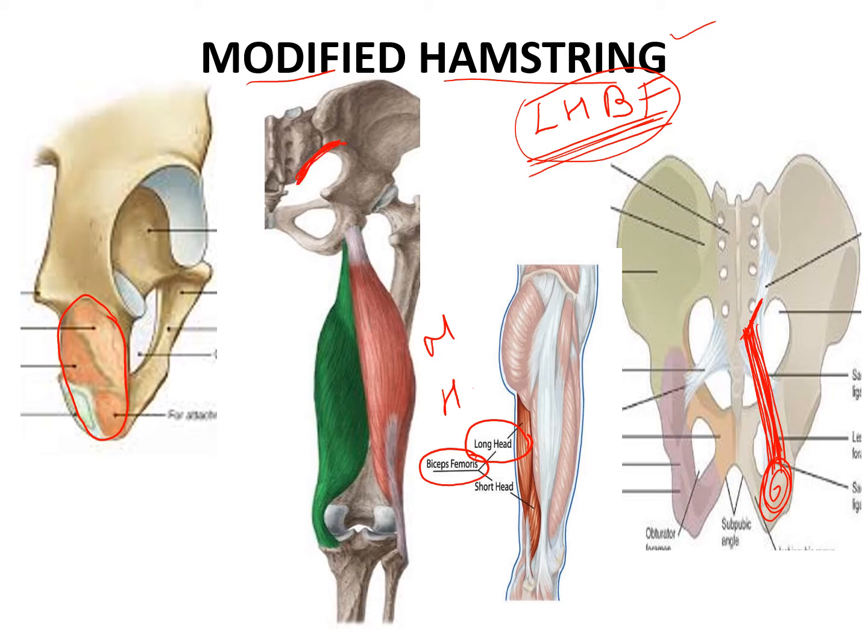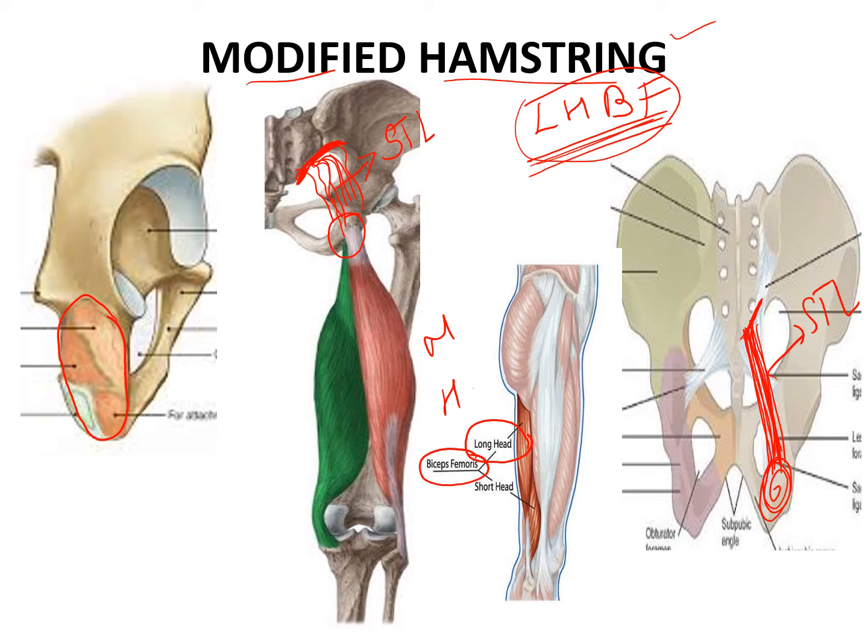After we assumed the erect posture, its origin shifted to the ischial tuberosity of the hip bone. Thereby, this part of the muscle got converted into a ligament called the sacrotuberous ligament. So this is the sacrotuberous ligament. That is why it's called a modified hamstring muscle.